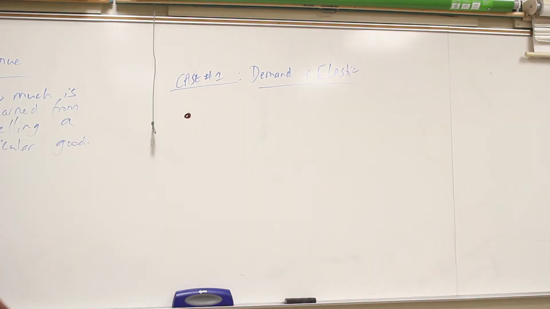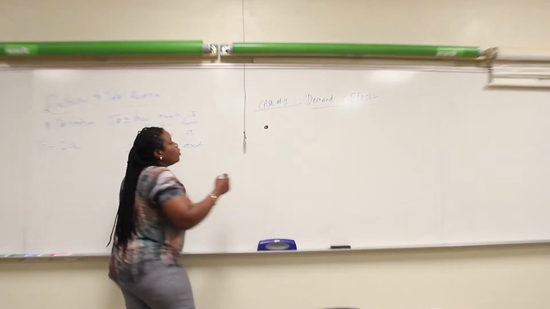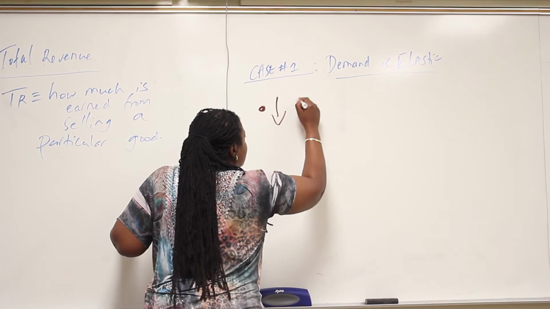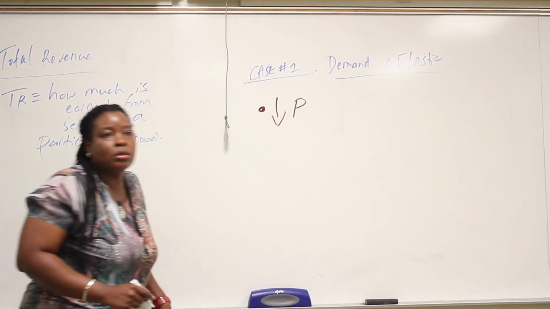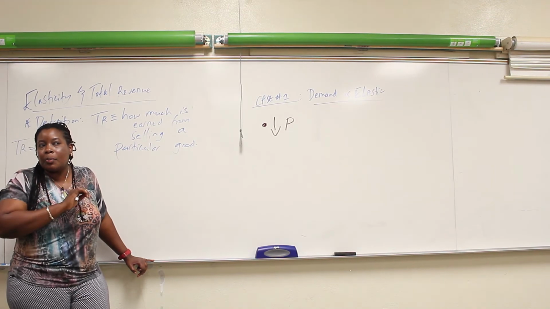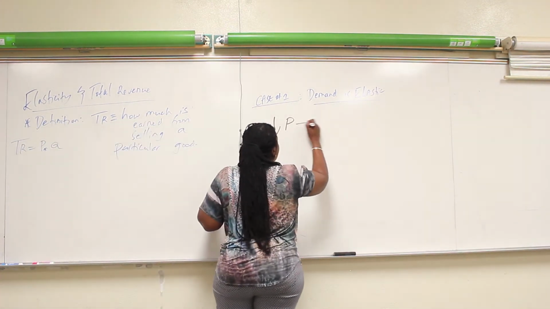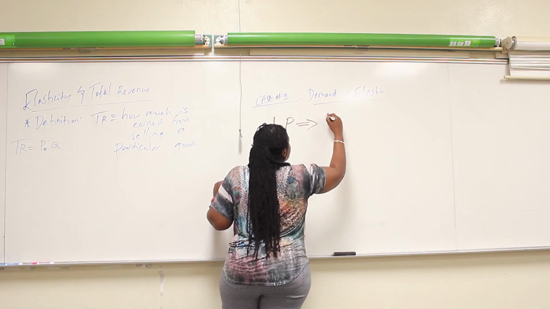Remember, when demand is elastic, consumers are very responsive to price changes. Now let's say we lower the price of the good. Make the good cheaper. When you lower the price, what's going to happen to the quantity demanded? Go up. Very good. You make it cheaper, you're going to gain customers.